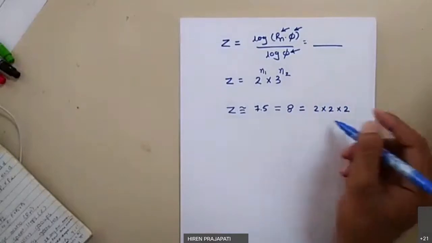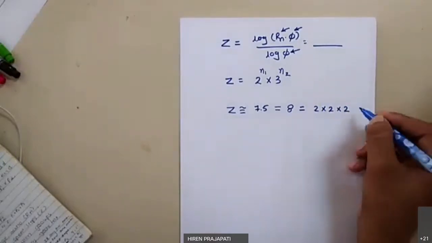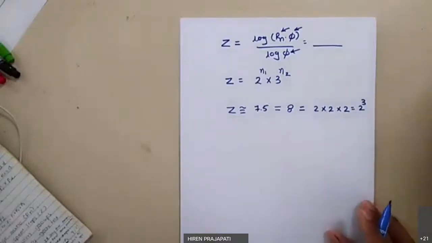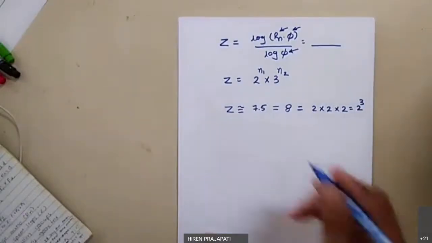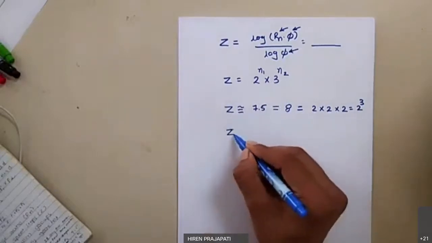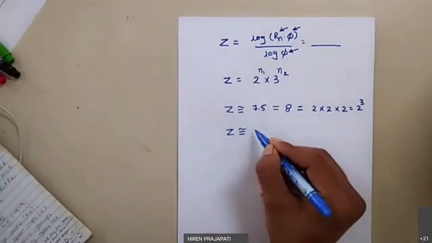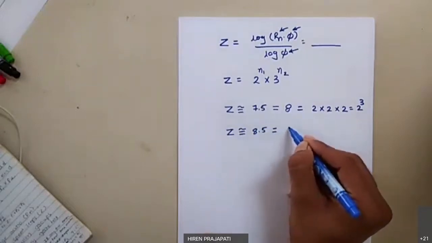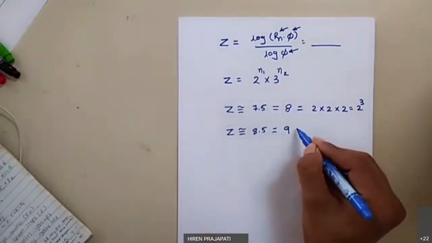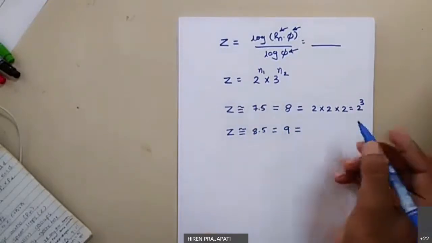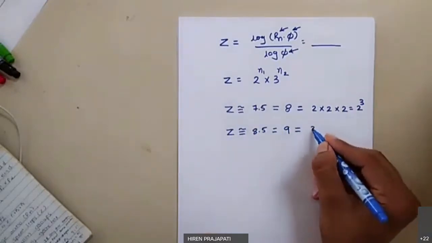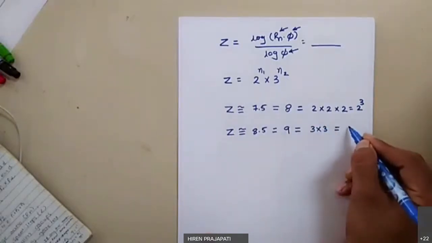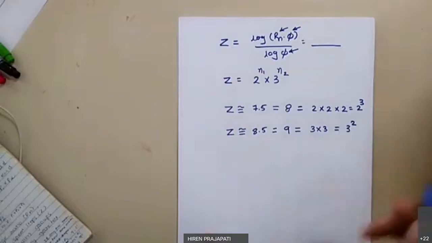So in this way we get 8, which is 2 raised to 3. Similarly, if you take another case where Z is approximately 8.5, let us round it off to 9. Then 9 can be easily divided without fraction by 3. It's 3 into 3, so that comes to be 3 raised to 2.